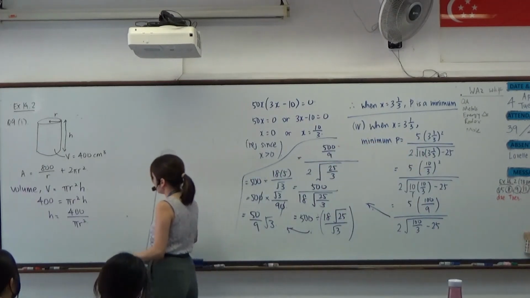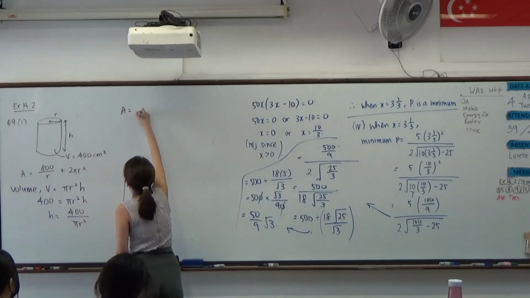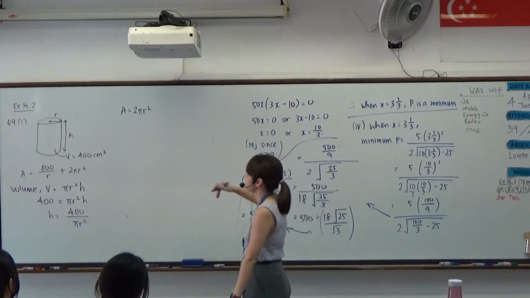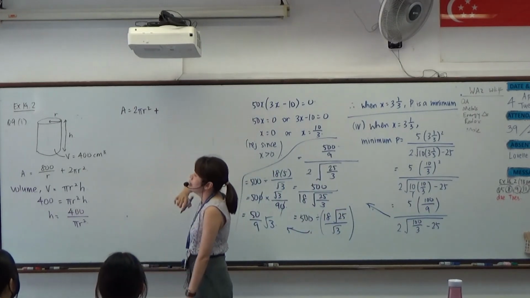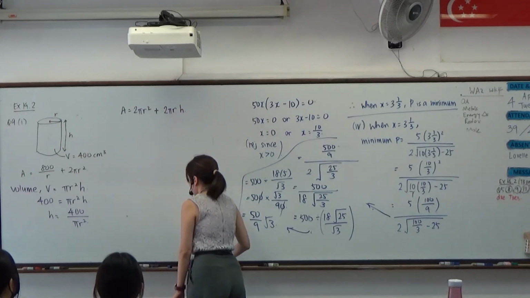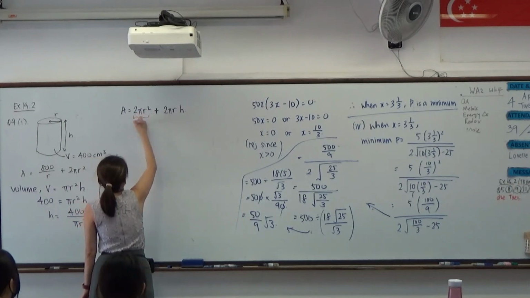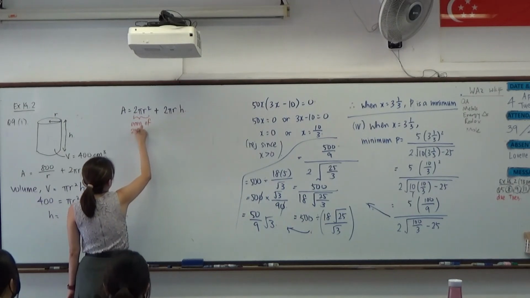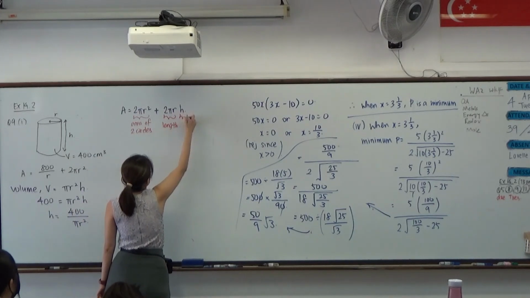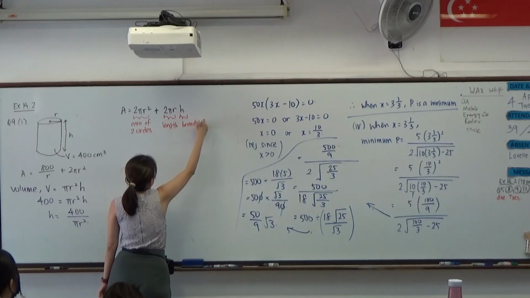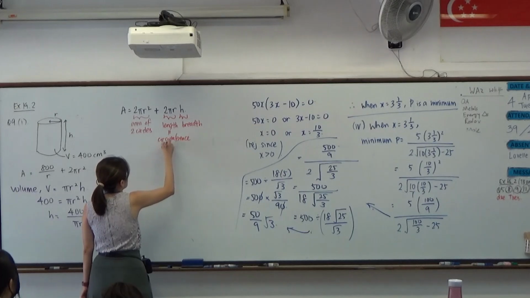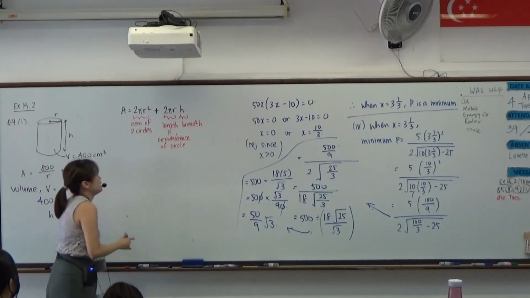So therefore, your surface area A will be 2 pi r squared for the two circles at the top and at the bottom, plus the area of the rectangle, which is 2 pi r times h. So this is the area of two circles. This is the length of the rectangle, and this is the breadth, whereby the length is the circumference of the circle and the breadth is the height.